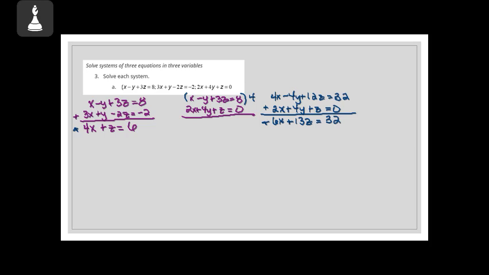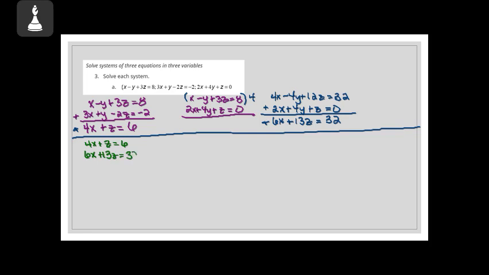So I'm going to carry these down. 4x plus z equals 6, and 6x plus 13z equals 32. Right now, I see that if I multiply the top equation by negative 13, my z's would be able to cancel out. So top equation, if I multiply by negative 13, I'm going to get negative 52x minus 13z equals negative 78.